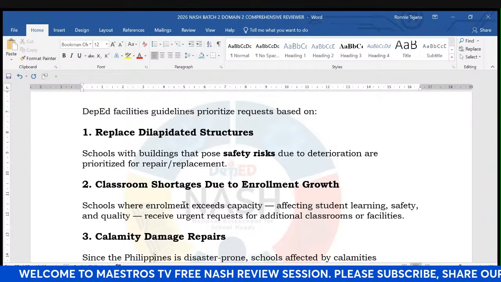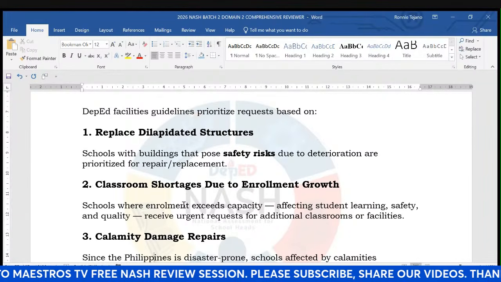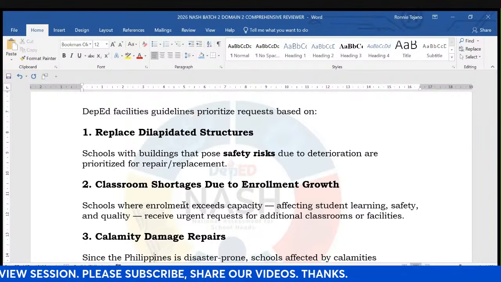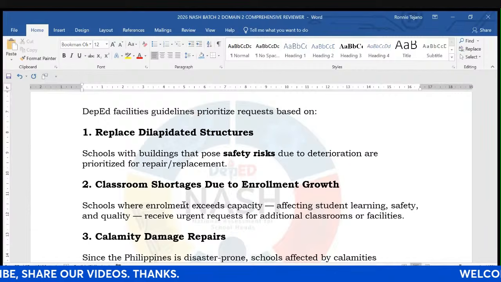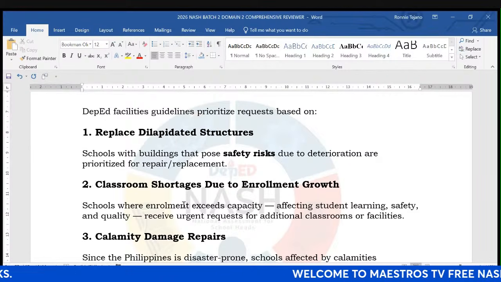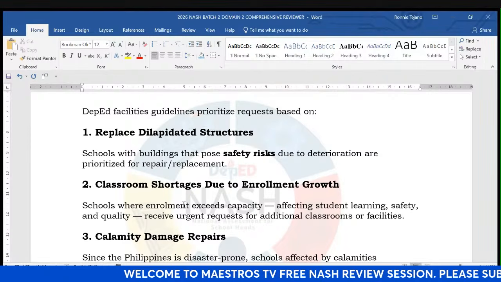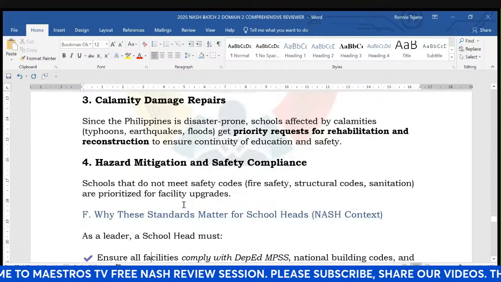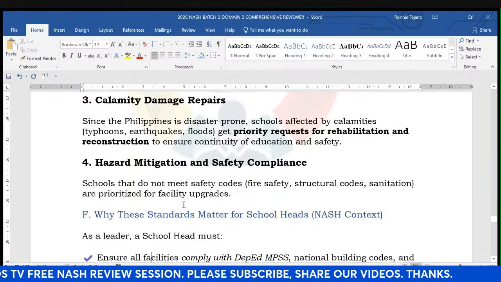So you should include also in your school improvement plan, yung SIP ninyo, na kailangan na ng rewiring. So malaki ang gastos sa rewiring and rebuilding plan ng electric plan ninyo, no? So all in all, you have to replace dilapidated structures, the classroom shortages, calamity damage repair, hazard mitigation, and safety.